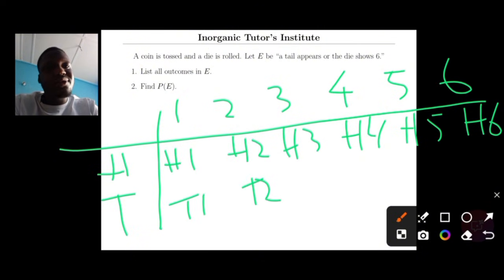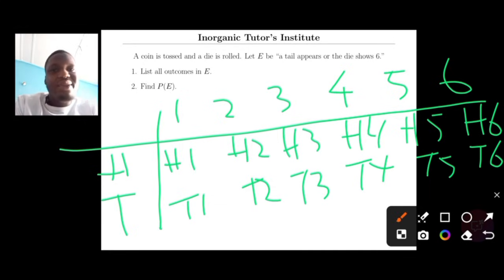T1, T2, T3, T4, T5. For this question, it's not like you get a head before you can roll the die. No, whatever you get, you can. So you can get a tail and you get a 3. You can get a head and get a 5. So they are all possible. So this one we don't make any restriction. Now, what is E saying?